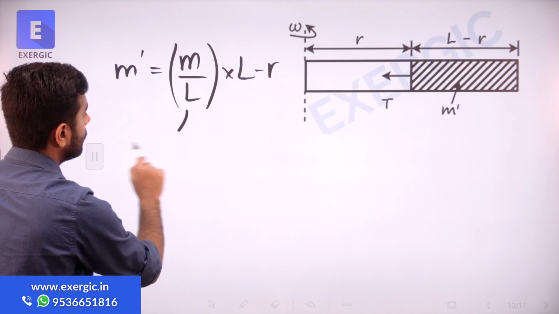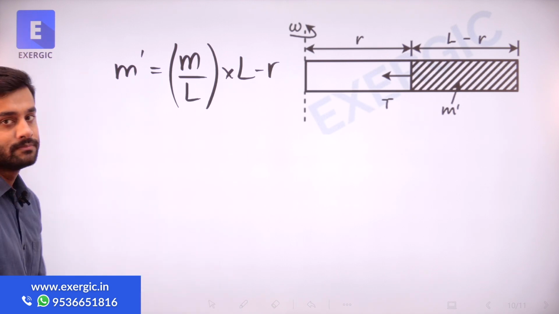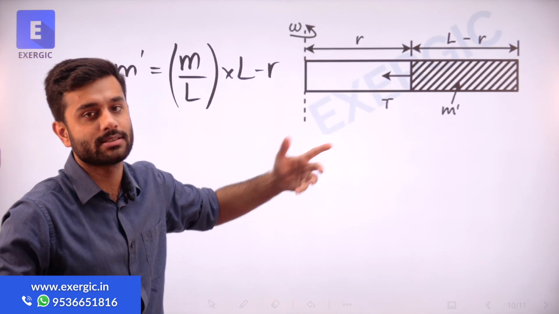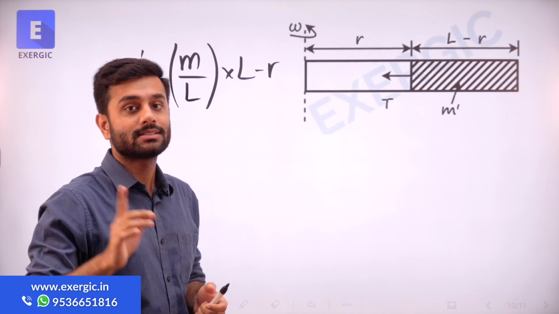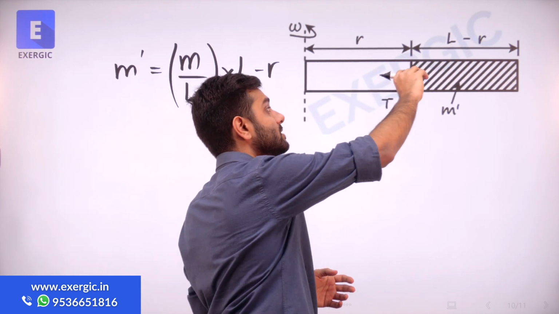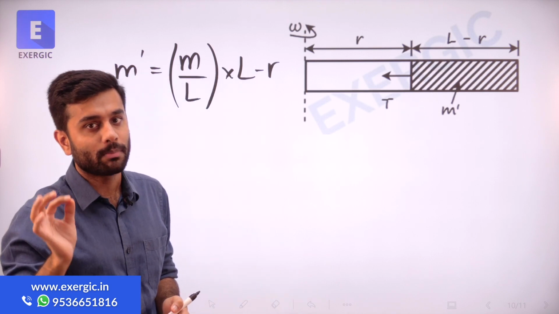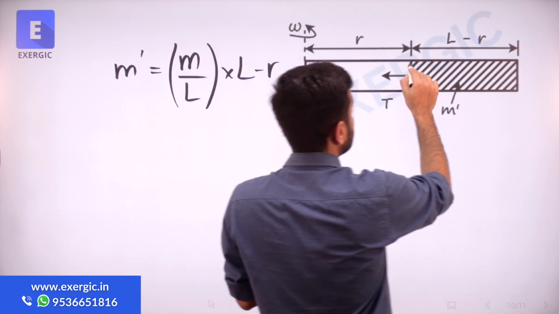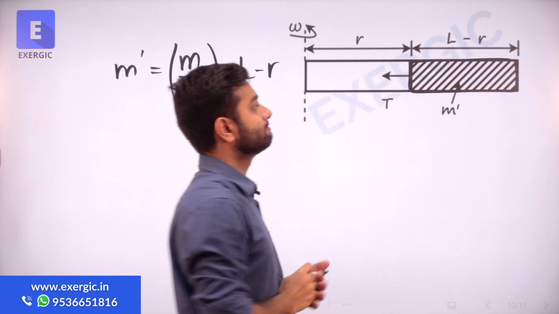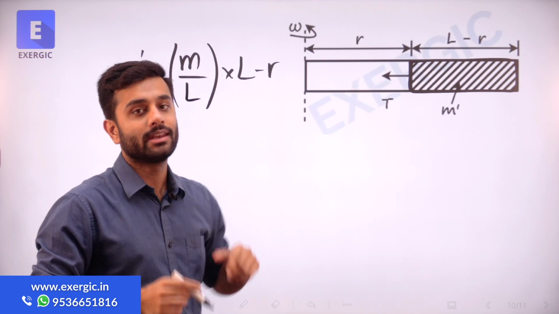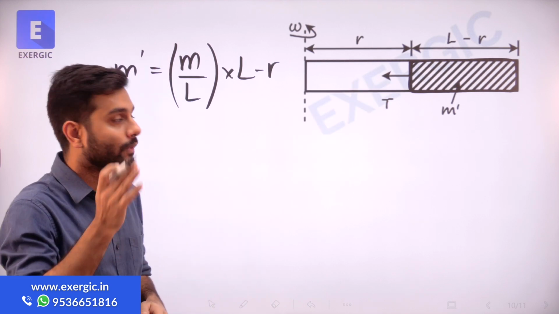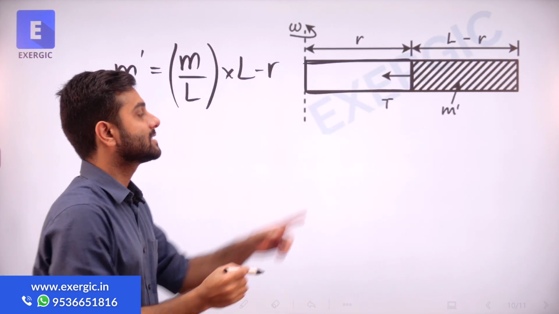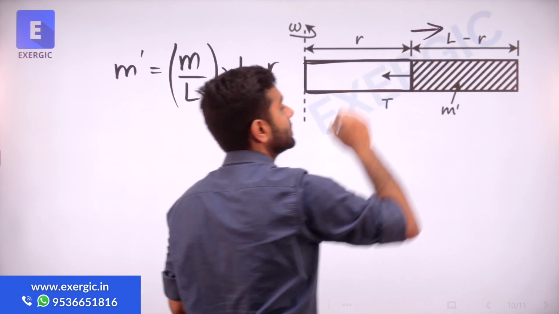And now, we try to put the value of this mass to find out the value of centrifugal force. Some of you may think, sir, centrifugal force, how are you denoting it towards the center? You just need to apply the basic concept of action and reaction. Right now this is our focus, so we are using this sign to represent the centrifugal force. When you shift your focus to this section, the same value of centrifugal force will be denoted like this.